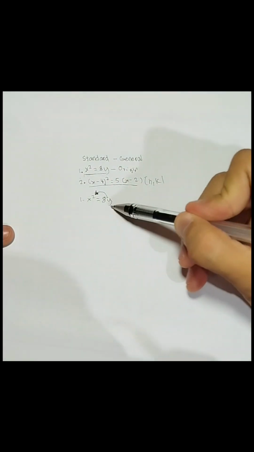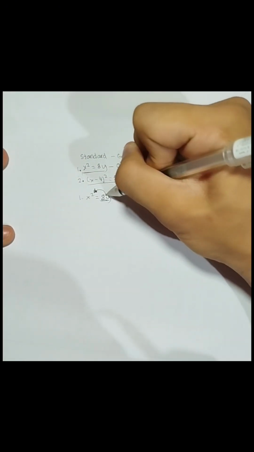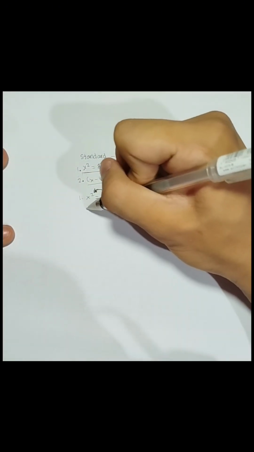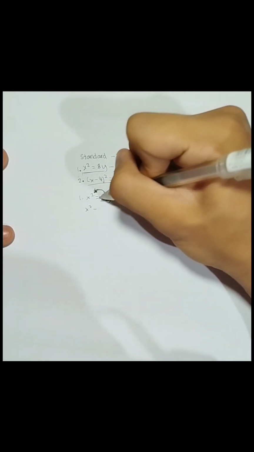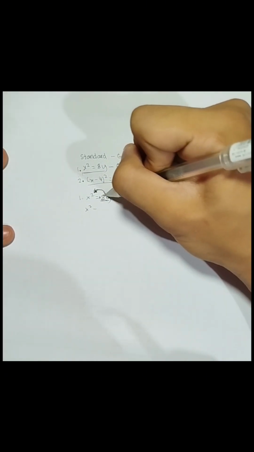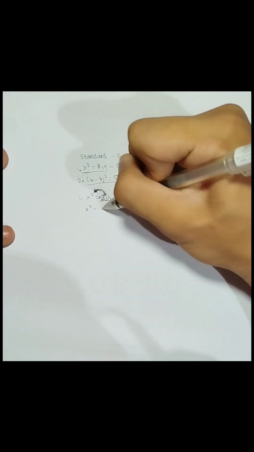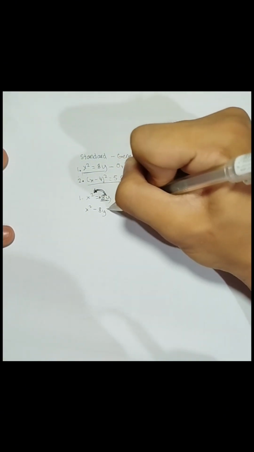So the side should equal 0. So to do that, we're going to transpose this side. Since this is positive, when you transpose something from the other side, it will turn negative. So that's for number one.